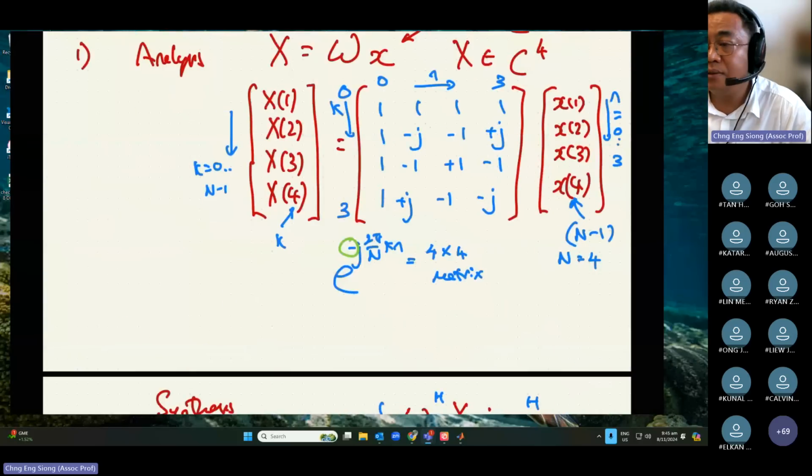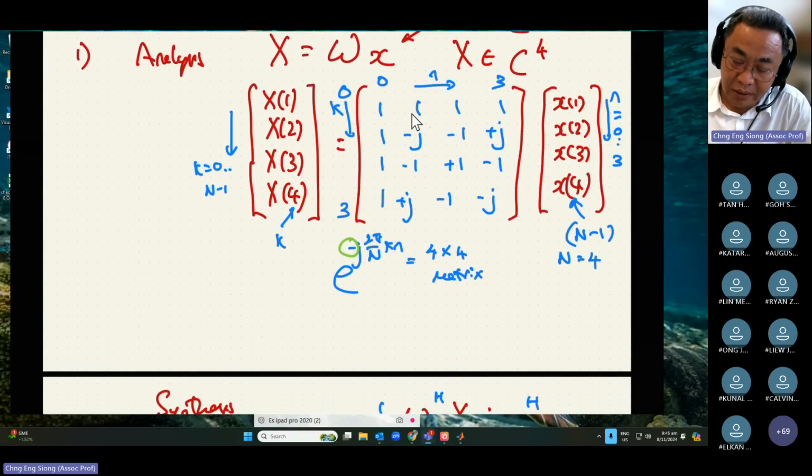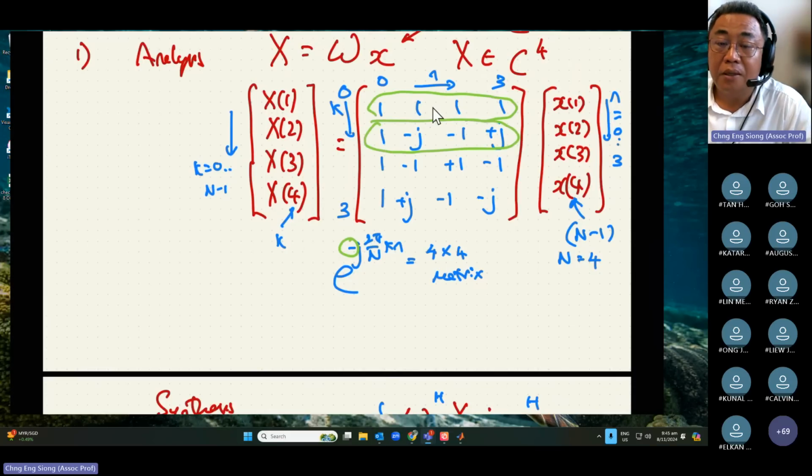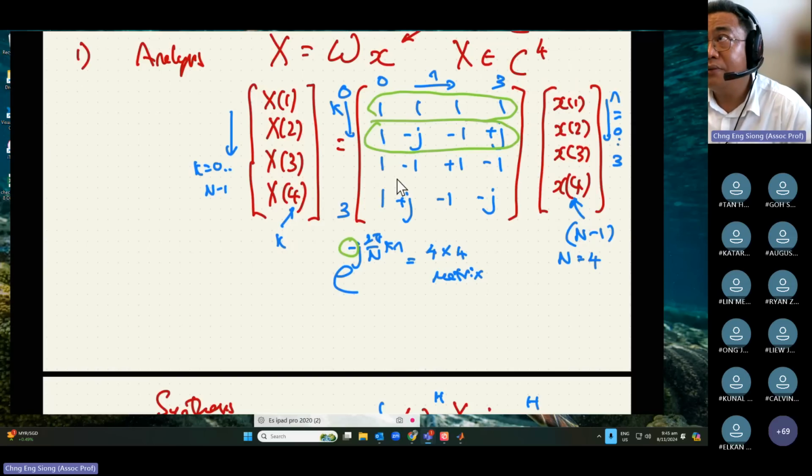This one, can you see the first? Okay, because this is a revision, I'm not going to do this, but let's compare the first row and the second row. The first row is a complex exponential rotating with omega 0 radian per sample. The second row is the complex exponential rotating at omega equals pi over 2. The third one is pi.